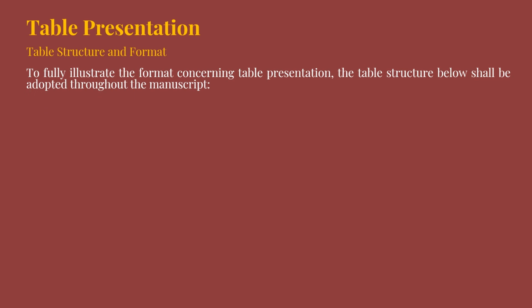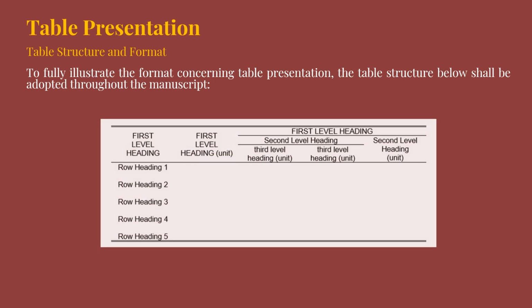To fully illustrate the format concerning table presentation, you can follow this structure, and this structure shall also be adapted all throughout your manuscript, your research proposal, your full paper, or your publication-ready journal article.